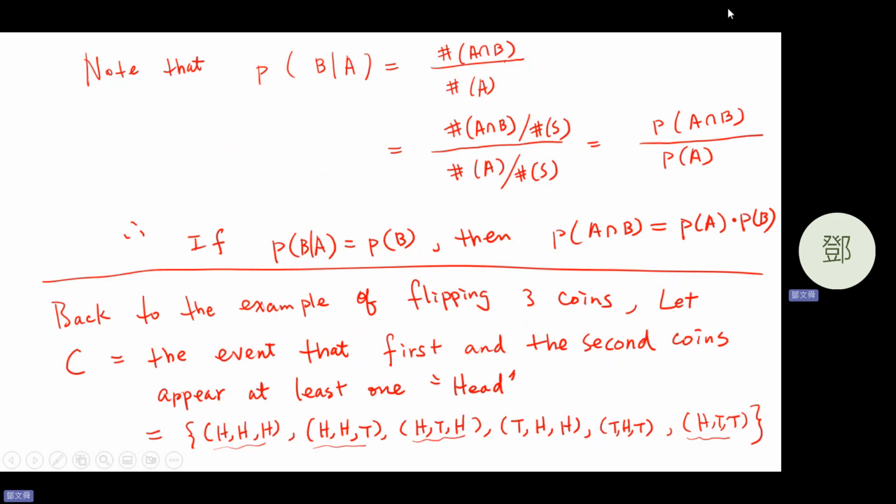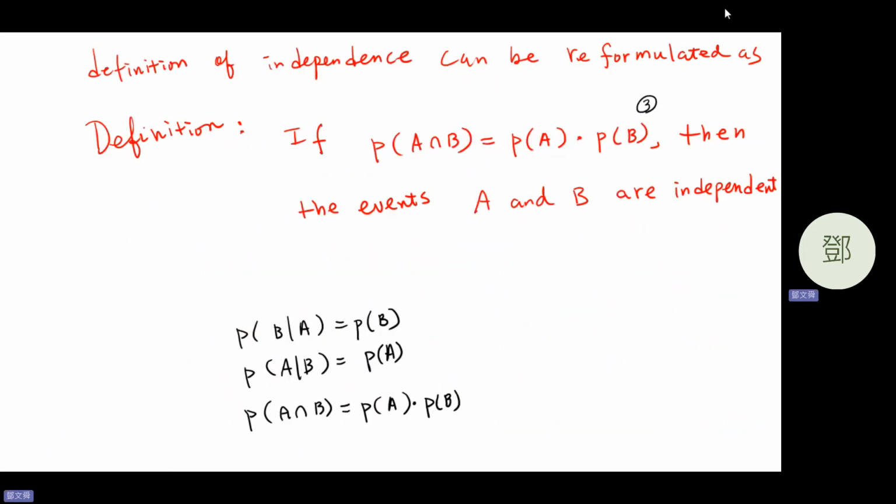We have three ways to check if A and B are independent. So the definition of independence can be reformulated as: if the probability of A intersection B is equal to PA times PB, then the events A and B are independent.